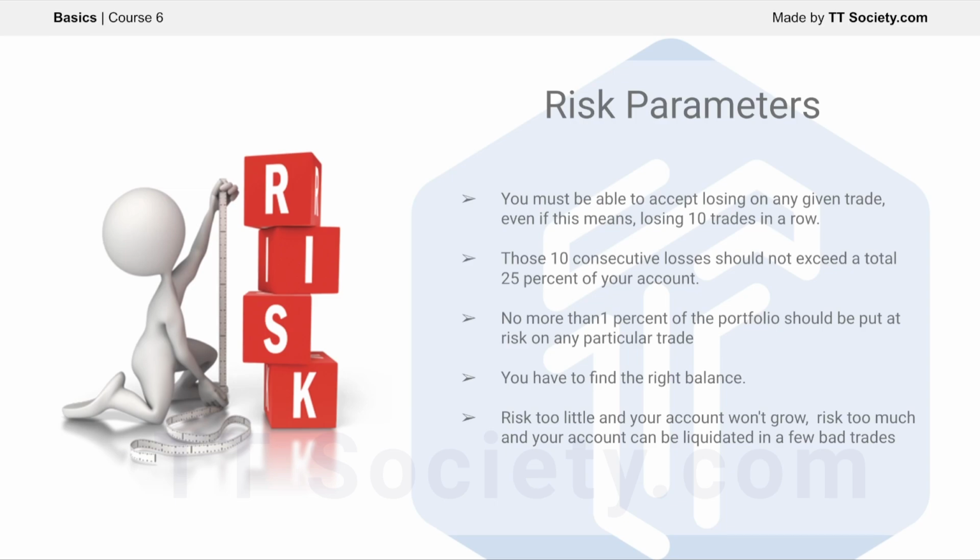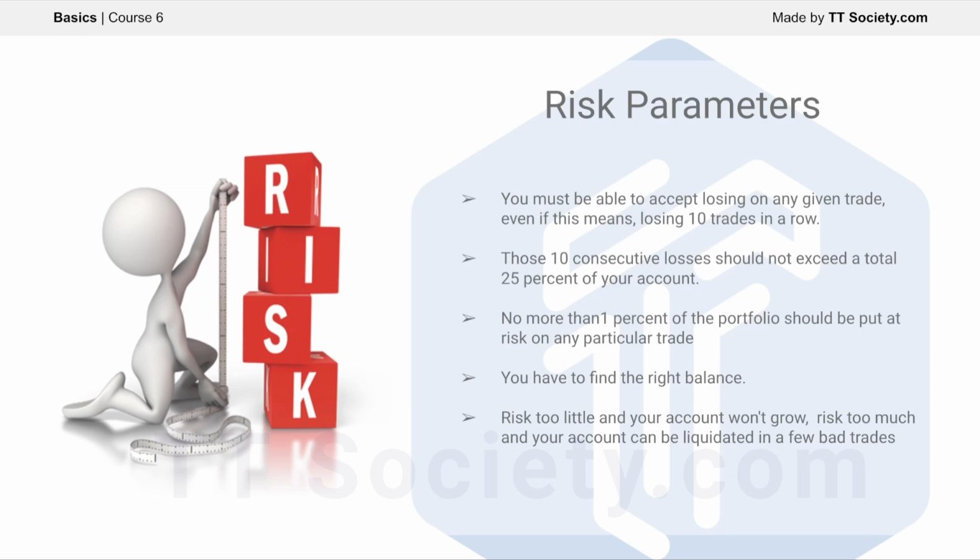No more than 1% of your portfolio should be put at risk at any particular trade. We've covered that. Again, remember, risk reward, 1R being 1% of your account. Make sure to not risk more than 1%. It's unnecessary risk. You have to find the right balance between, we've looked at examples, doing 1R or 1.5R.